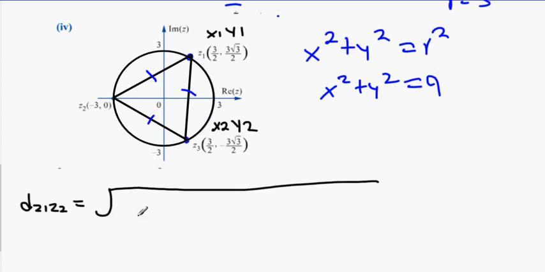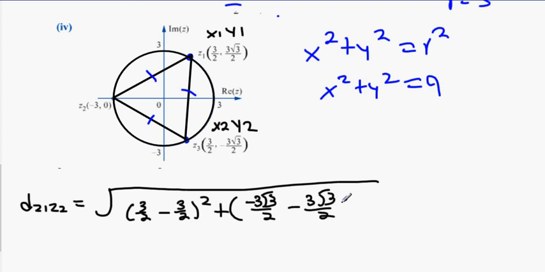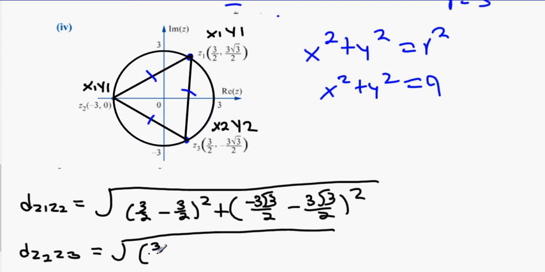Now remember, it's x2 minus x1, so it's going to be root 3 over 2 minus root 3 over 2 squared plus minus 3 root 3 over 2 minus 3 root 3 over 2 squared. Now the distance of Z2 to Z3, we call that x1, y1 again this time, and it's going to be equal to the square root of x2, which is 3 over 2 minus 3 squared plus y2, which is minus 3 root 3 over 2 minus 0 squared.